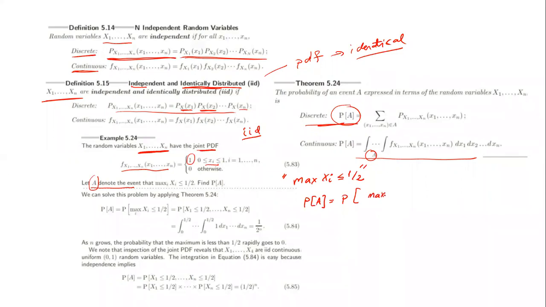Now we can define P(A), the probability that the maximum of |Xi| is less than or equal to 1/2. This requires that every X here should be less than or equal to 1/2.